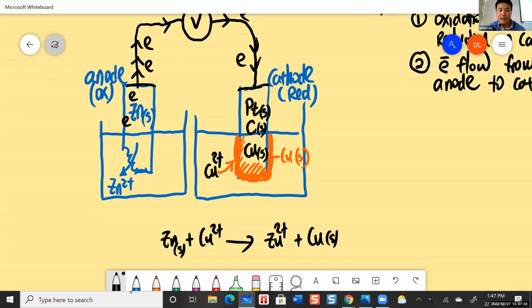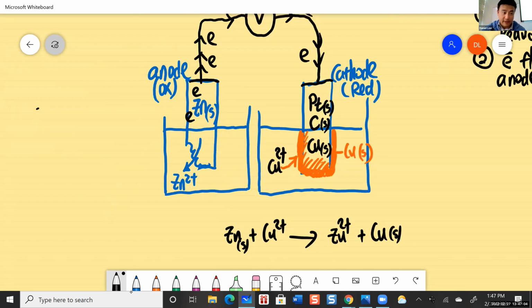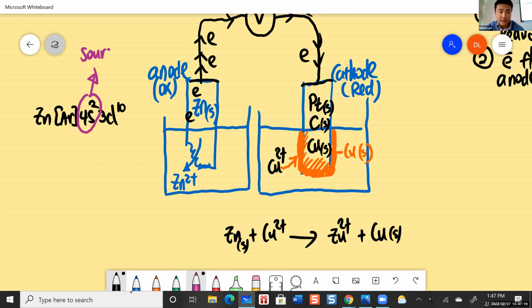They come from zinc. If you write down the zinc electron configuration, it is argon 4s2 3d10. That is zinc. You see, the source of electrons is the valence electrons, which are the 4s. So those are the 4s electrons that are lost on the anode as oxidation occurs.